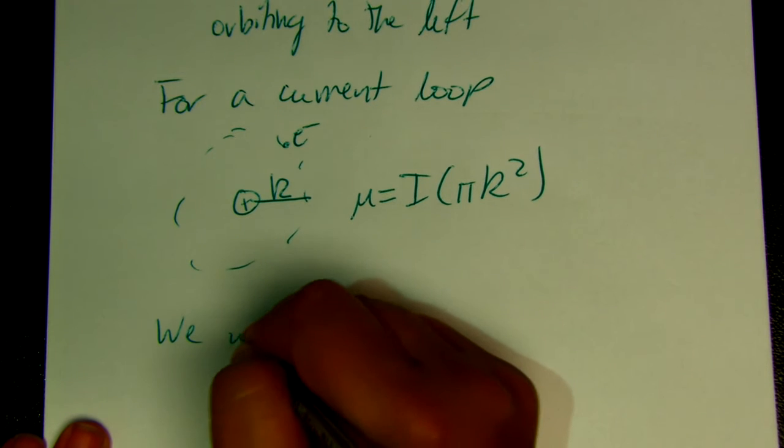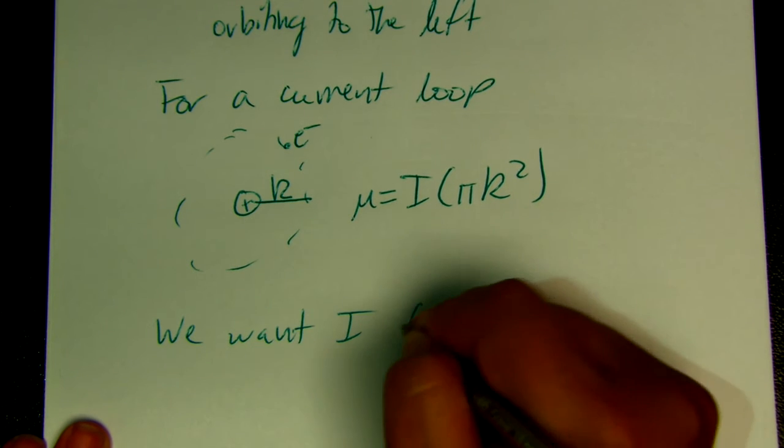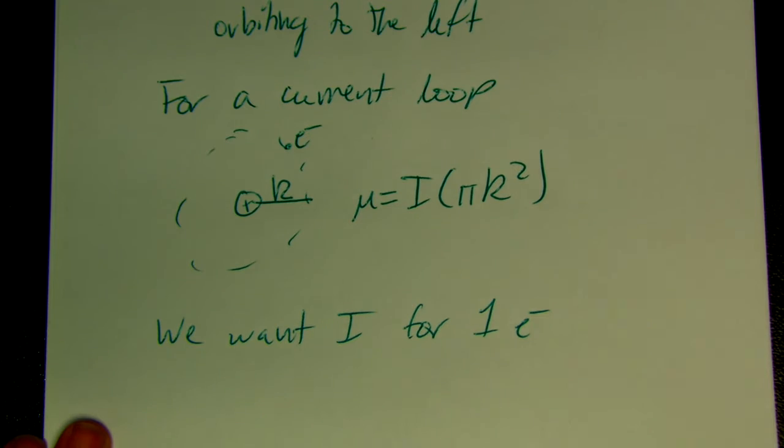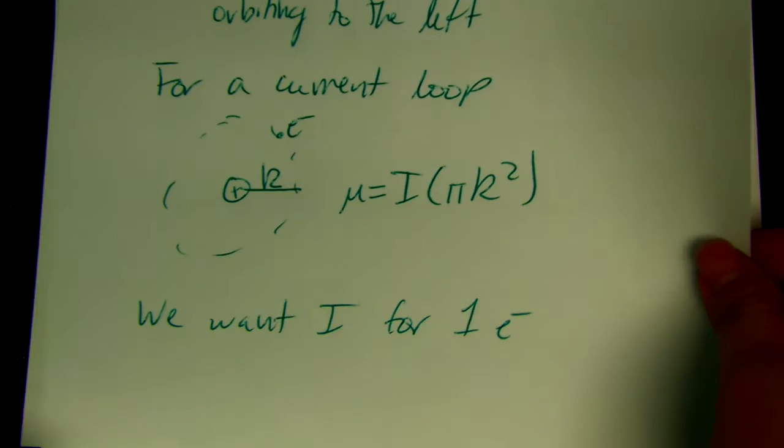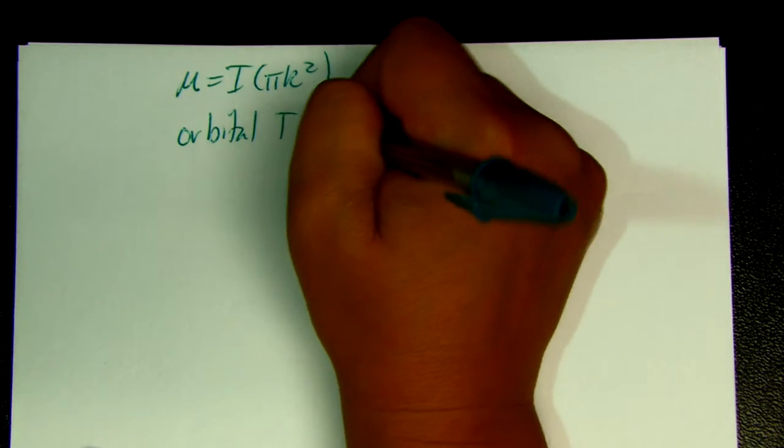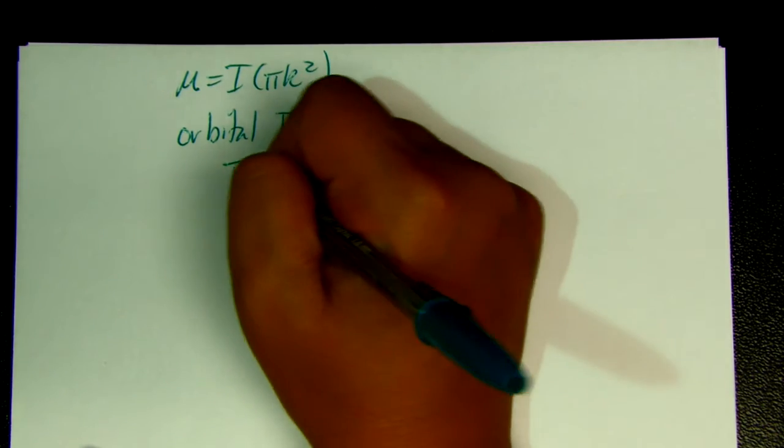And we want I for one electron. So we need to get the orbital time, and we get this from thinking back to angular momentum.